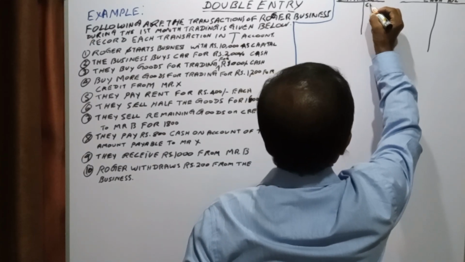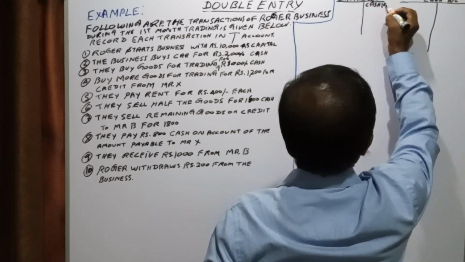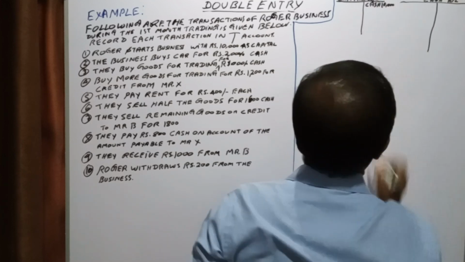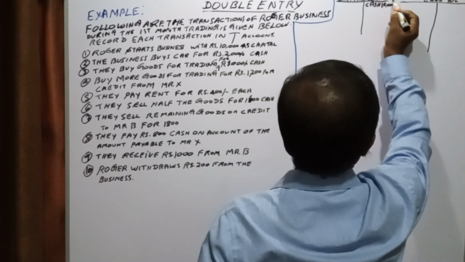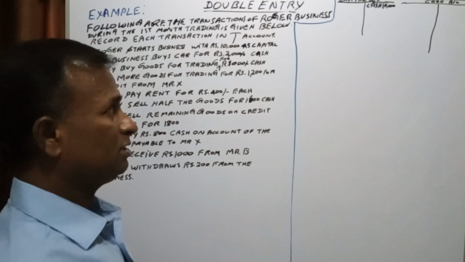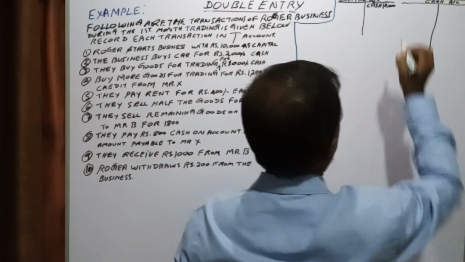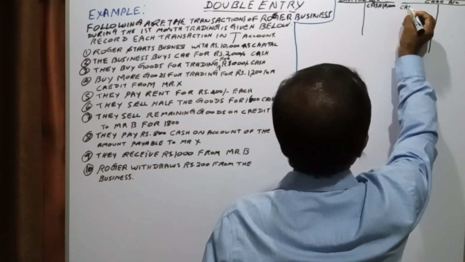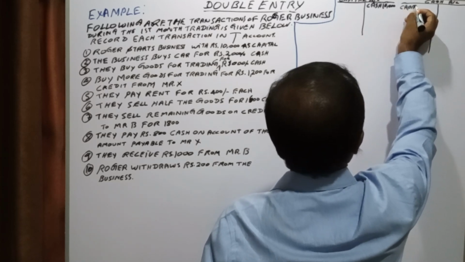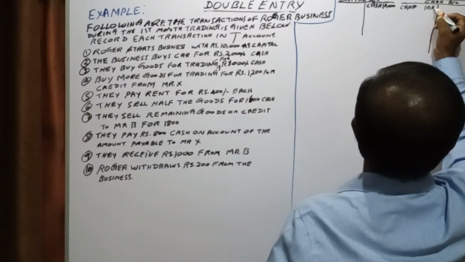You will say here, cash 10,000. The other account which is affected is the cash account, cash coming in. Then capital account, he is bringing 10,000.